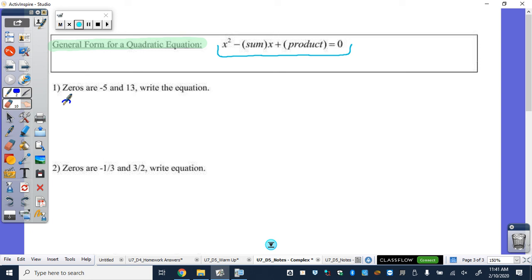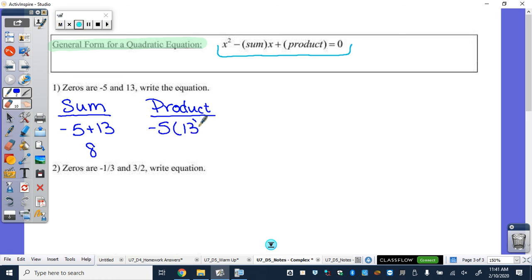Looking at our first example, if you're given the two zeros, actually add them together. So what is negative 5 plus 13? 8. Multiply them together, so negative 5 times 13. Negative 65.